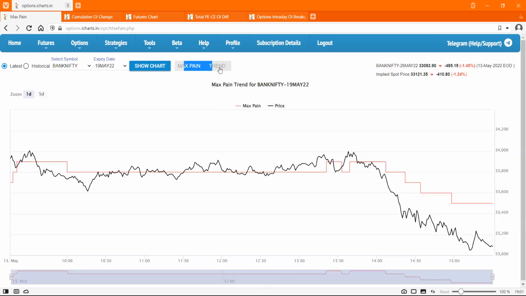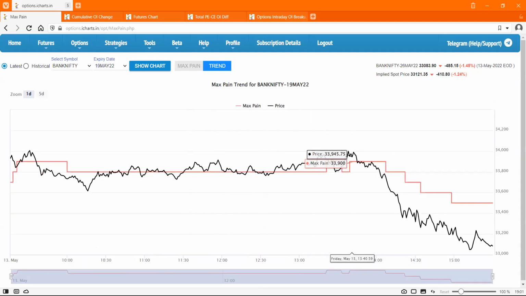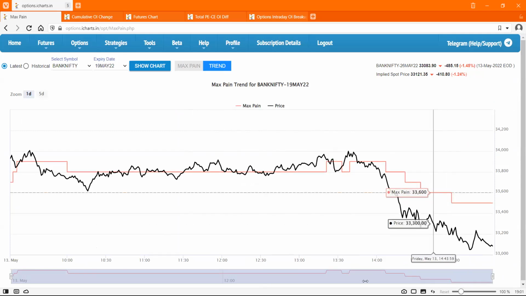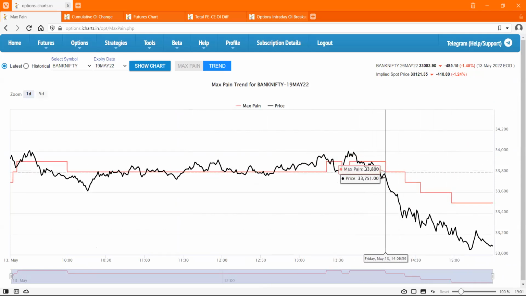That's why on Friday, if you see, it started to change only at 14.8, it ticked down. It was at 33,900 for a very large amount of time.